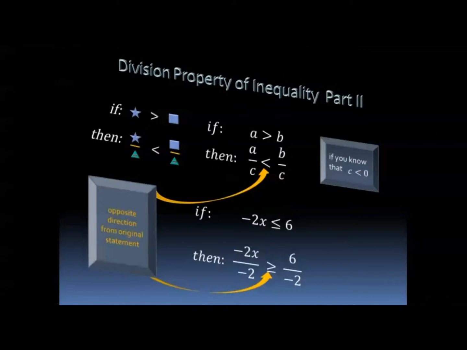Notice again, we reversed the direction of the inequality because we divided both sides of the inequality statement by a negative number.